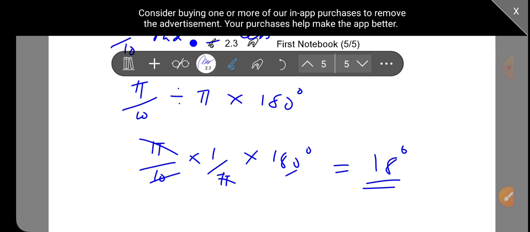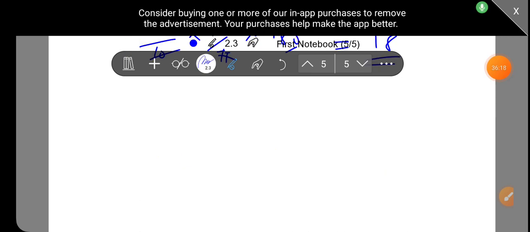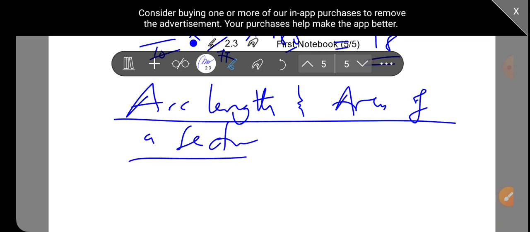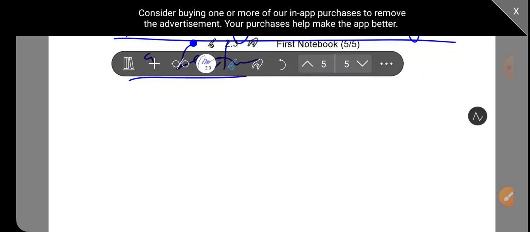So if you are able to understand that, then it should be much easier for you to solve any problem that regards conversion between radians as well as degrees. The next thing we have to learn is about arc length and area of a sector.